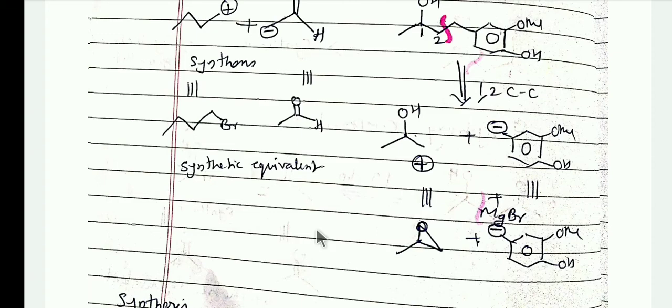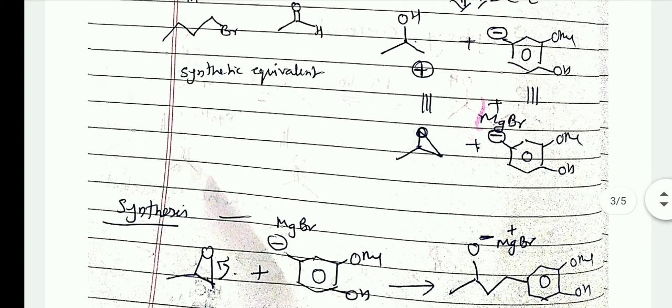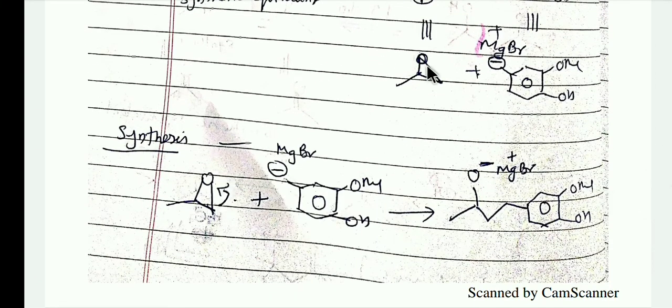Now what is the mechanism for the synthesis of the target molecule? Here these are the starting materials for preparation of the target molecule, and here we get the epoxide. In the reaction of the epoxide with the second molecule of synthetic equivalent, ring opening takes place.